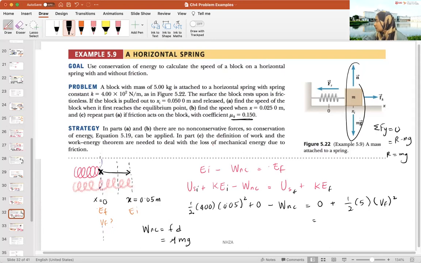What about my d? What is my d here? Is it 0.05 or is it 0.05 times 2? Which one is it? Do we need another poll? So is it 0.05 or 0.1?